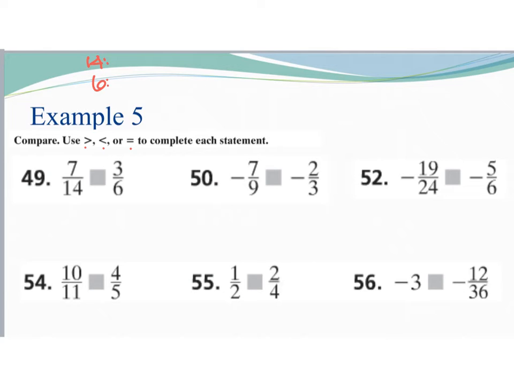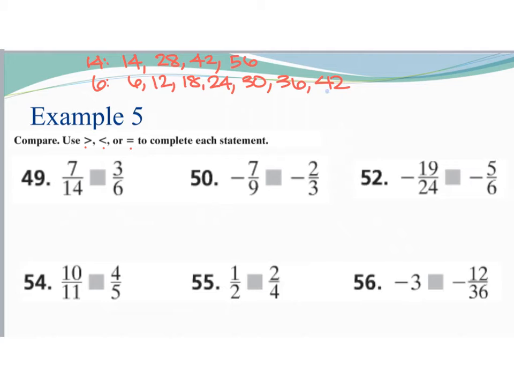So multiples of 14 are going to be 14, 28, 42, 56, and multiples for 6 will be 6, 12, 18, 24, 30, 36, and 42.